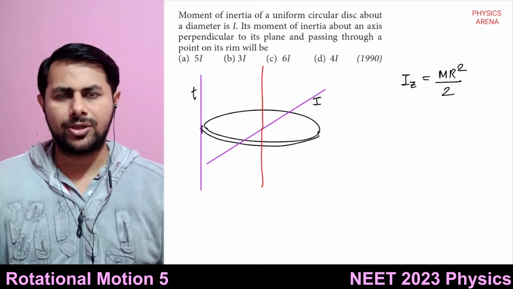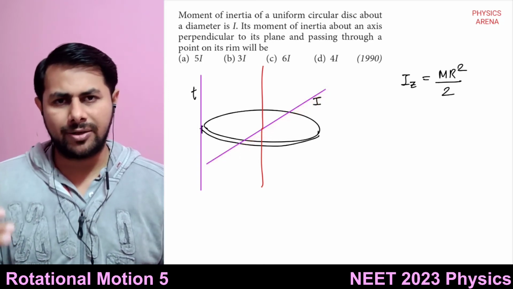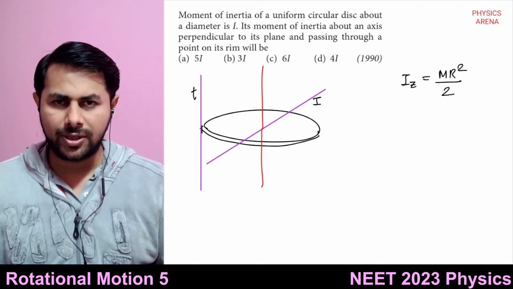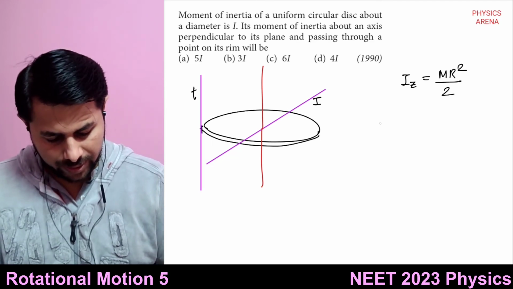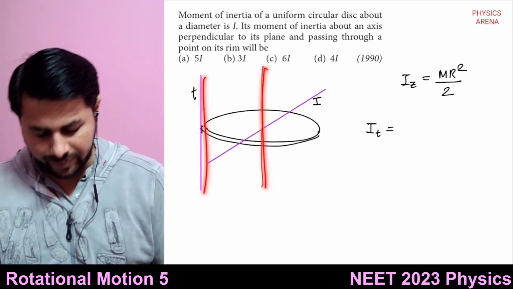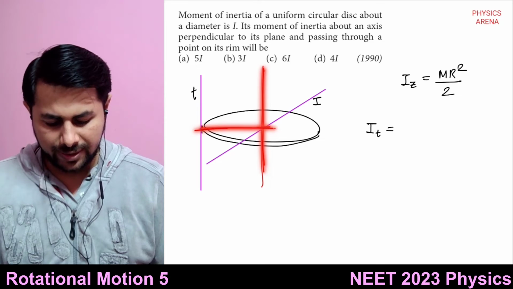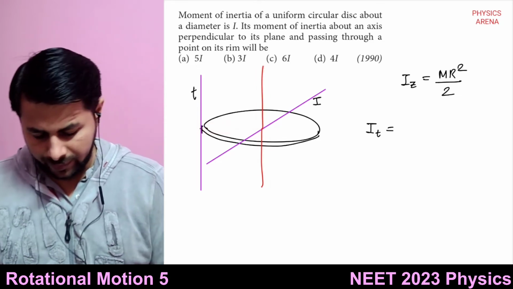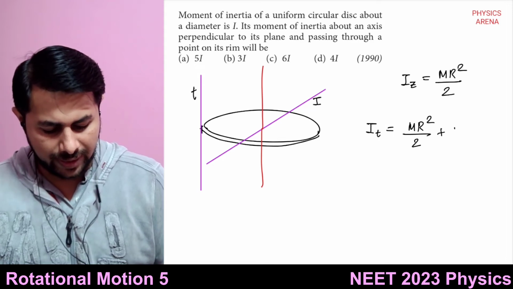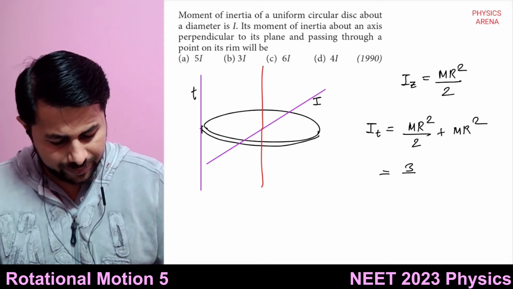Okay, moment of inertia about the perpendicular axis. How much is this? It is mr square divided by 4, right, using the perpendicular axis theorem. How much would be I suffix t? So using a parallel axis theorem, it will be Iz plus mr square. Okay, so it is mr square upon 2 plus mr square, which is 3 by 2 mr square.